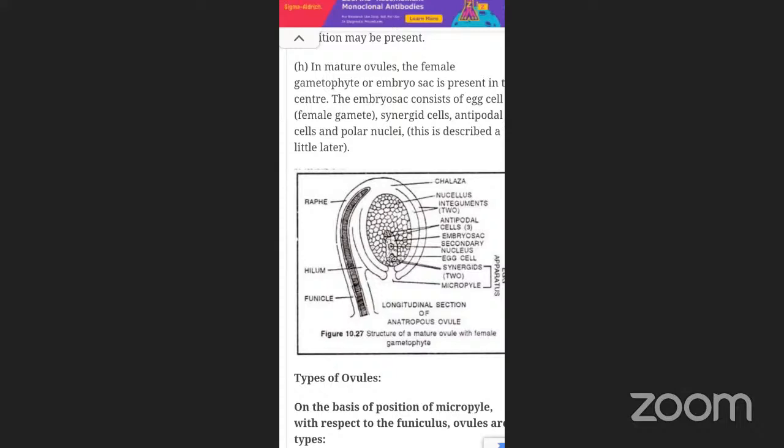So including the integuments and the megasporangium, we call it the ovule. After fertilization, these ovules form the seed. That's why the megasporangium is very important for understanding the structure of the seed.